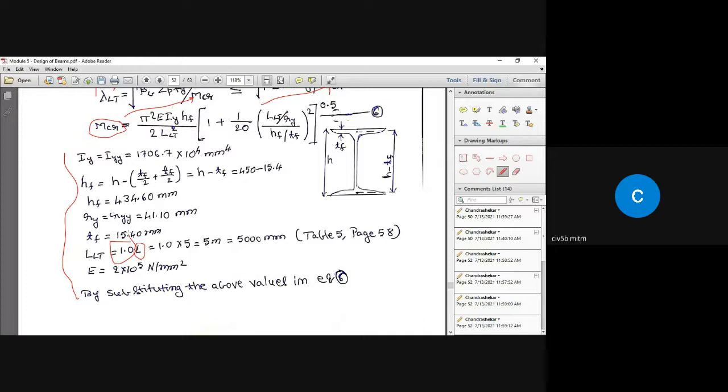If you look at table 15, it says effective length for simply supported beams. The effective length LLT depends on the end conditions of the beam. The beam end is having torsional restraint and also warping restraint, so different torsional restraint and different warping restraint.